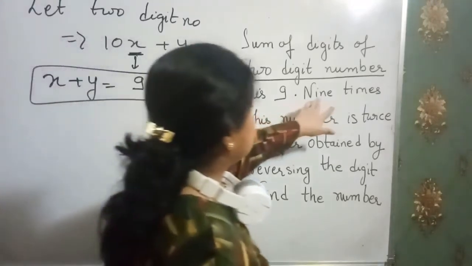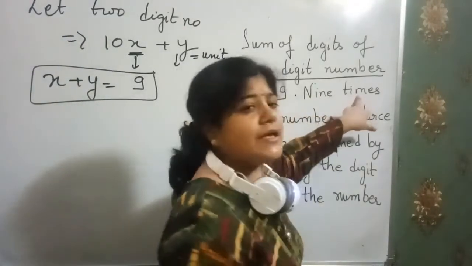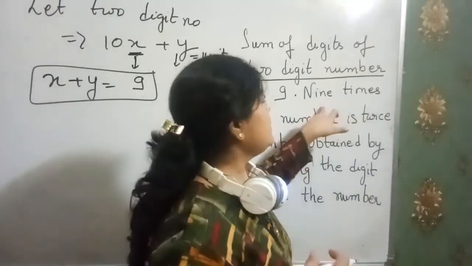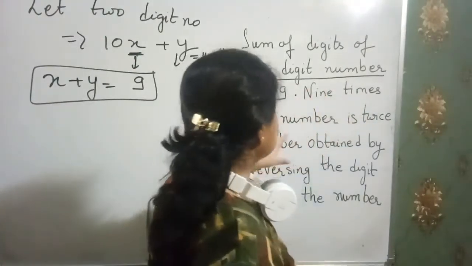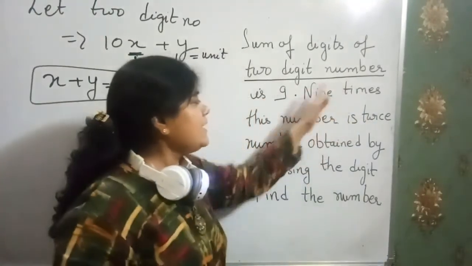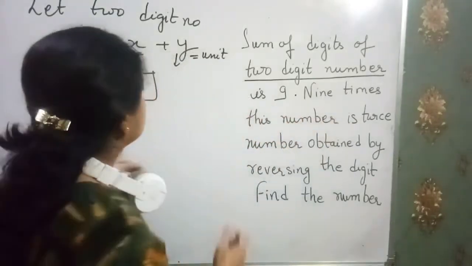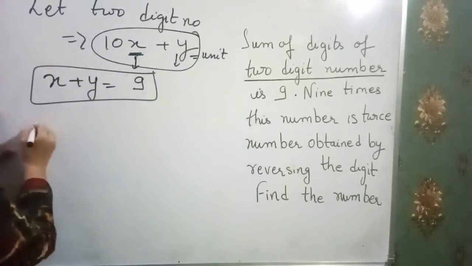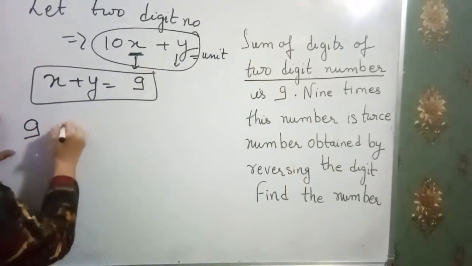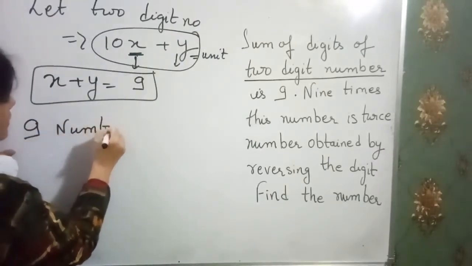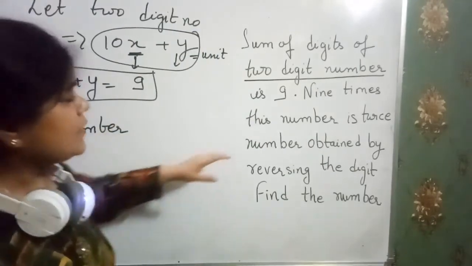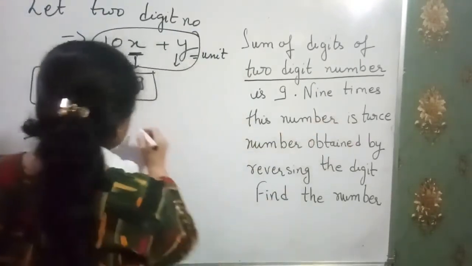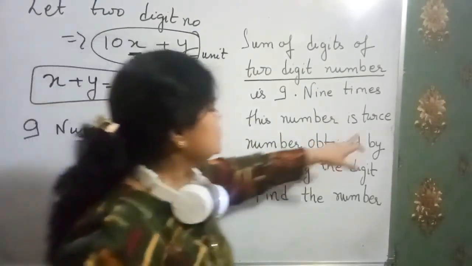Now 9 times, that means we have to multiply with 9. This number, 9 times this number. So what is the number? This is the number. So we have to multiply 9 times the number. Clear? Is, that means equal to.